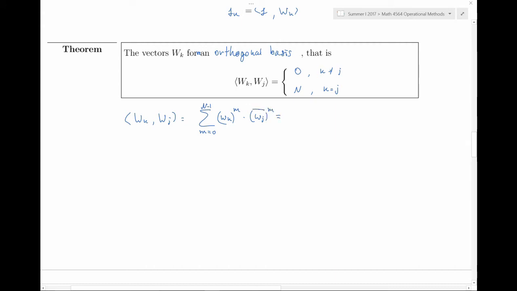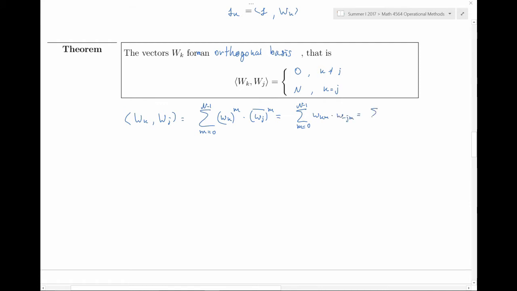However, the w_j components need to be conjugated because that's the definition of the inner product within the spaces with complex numbers. So this is the same as the summation as m goes from 0 to n minus 1 of w_k^m multiplied by w_{-j}^m.